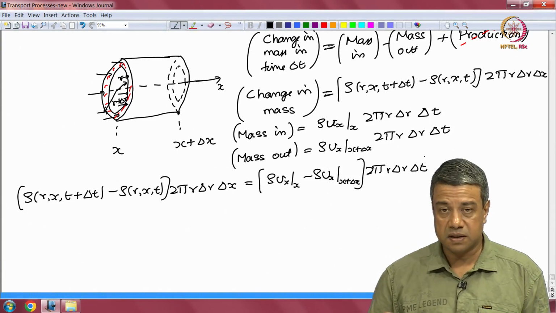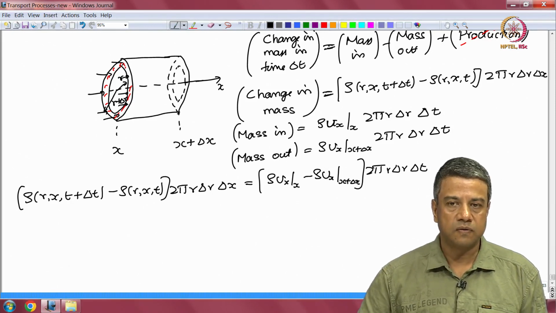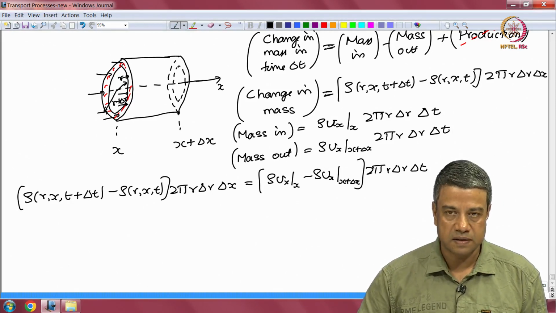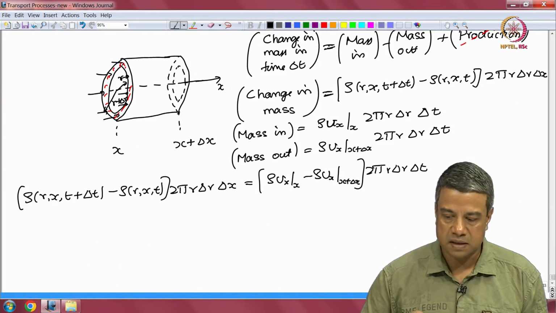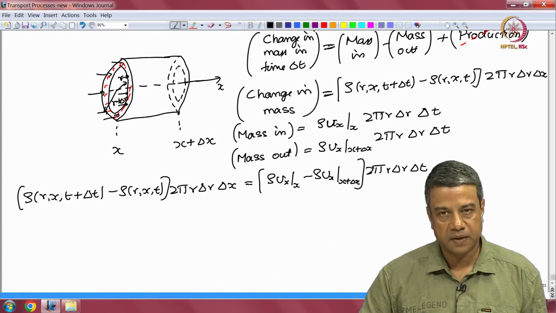So, this is the conservation condition for a unidirectional flow where there is no flow out of the cylindrical surfaces. There is no velocity in the radial direction, the velocity is along the axis of the pipe. So, in that case you get this conservation equation.